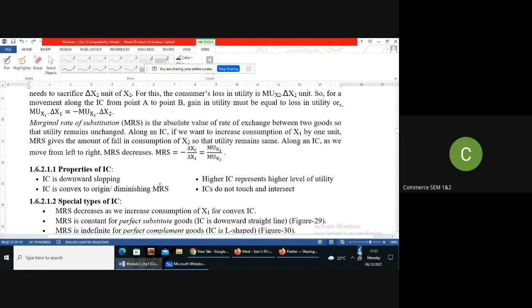So we have just shown that. Now, marginal rate of substitution. What is marginal rate of substitution?